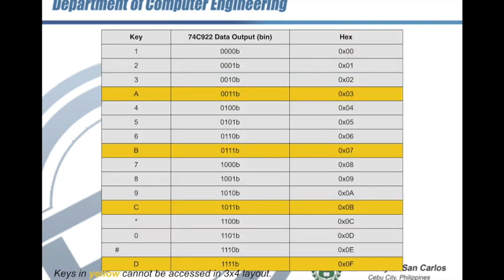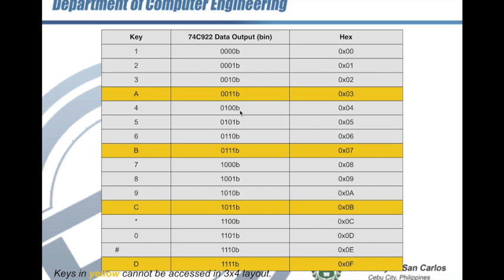This is the address table for the 74C922, which shows the address of the keys in column 1 and the 4-bit address here, column 2. So if you press switch 1, it returns the address 0000, or if you press, say for example, 9, the address is 1010 in binary. The keys here that are colored yellow cannot be accessed if you are going to use a 3x4 keypad.